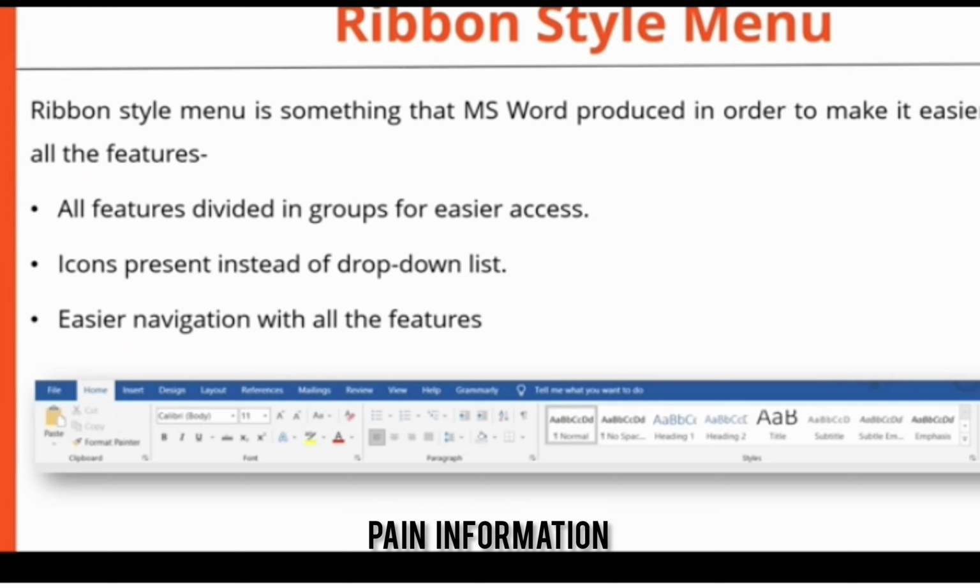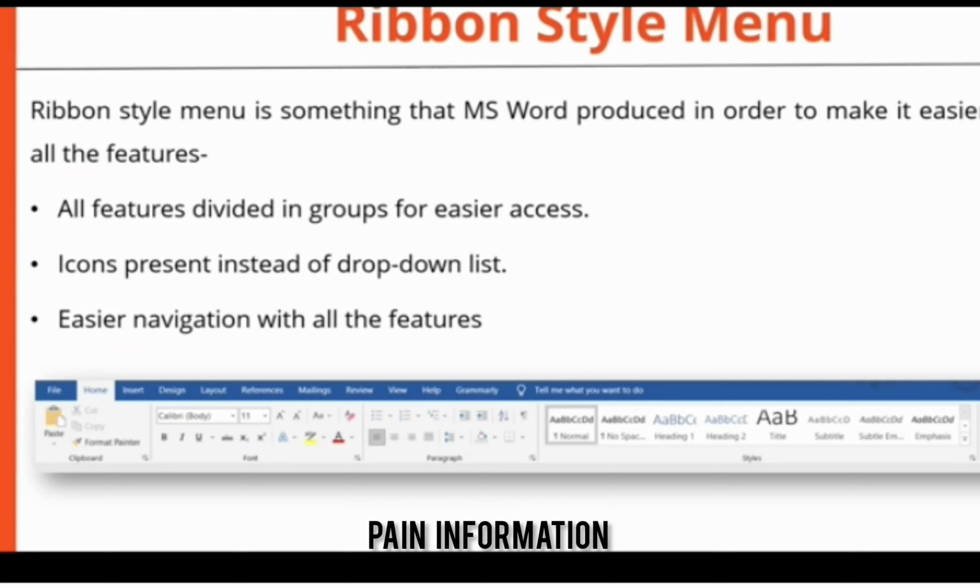And also, scrolling through takes a lot of time and effort, and you have to be really attentive to make sure that you're not missing out on the options or the functions. But here, everything is present on your screen itself. So all the icons are there, and you won't be able to miss out on any functions or features. Also, it's easier to navigate.